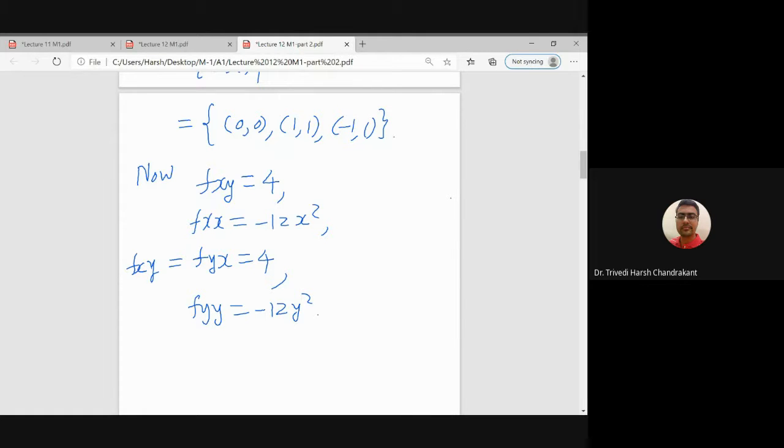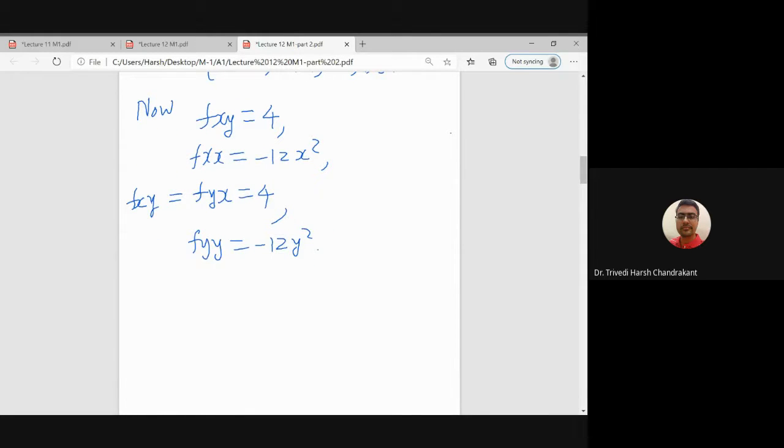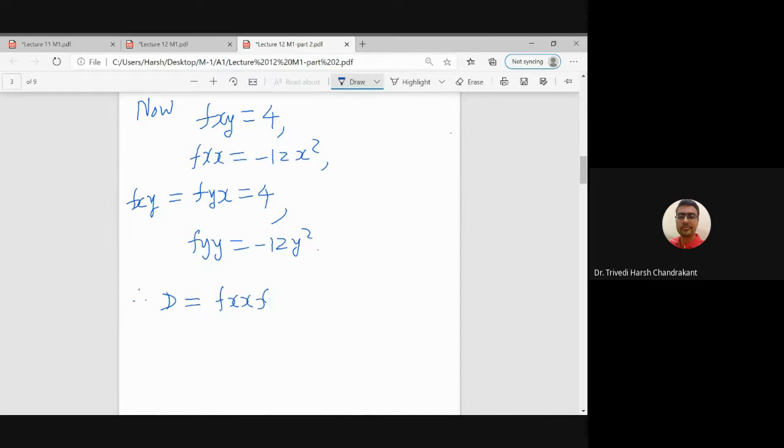So these are the second order partial derivatives, and finally we have the discriminant, which is fxx fyy minus fxy square.